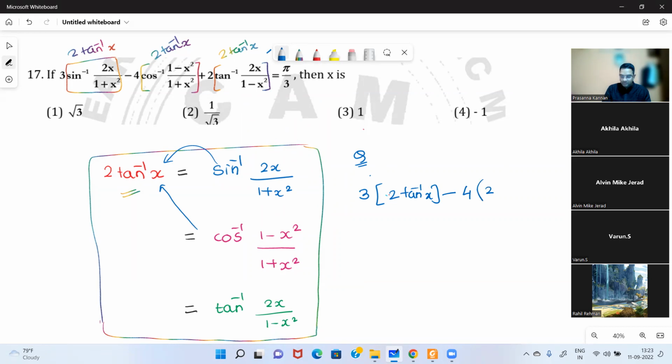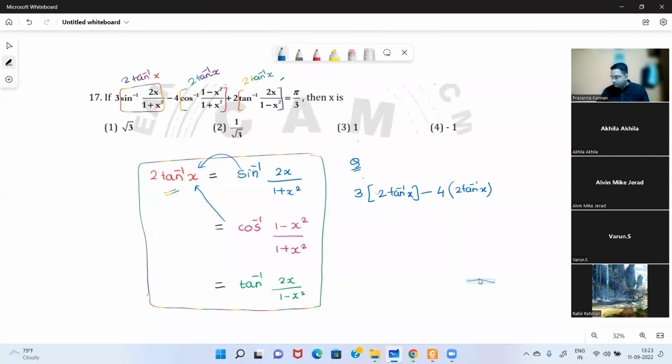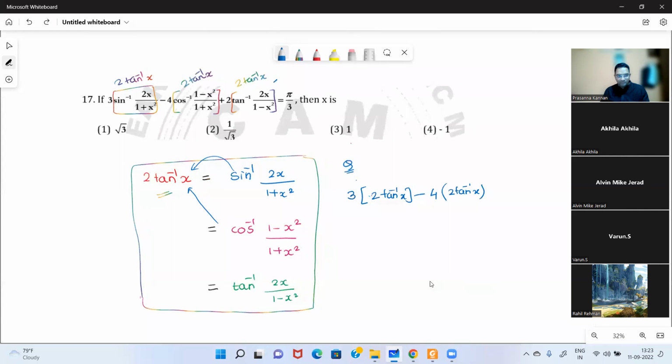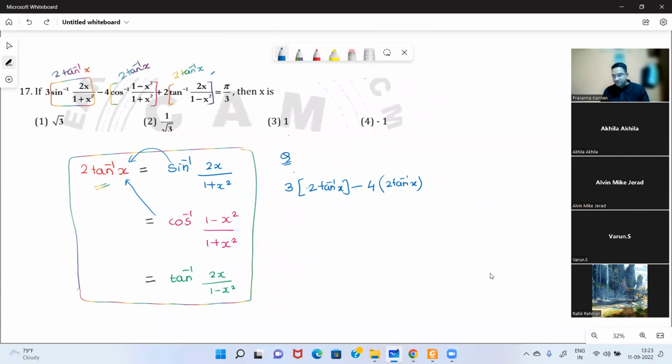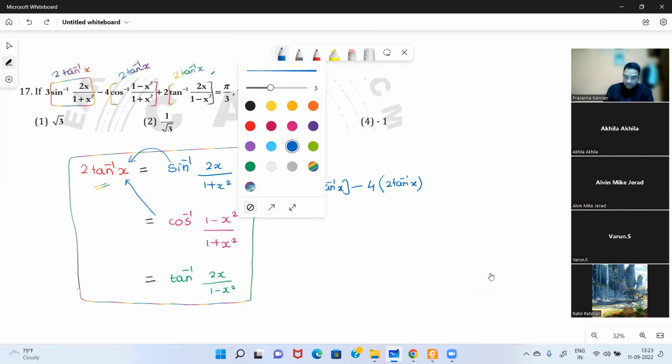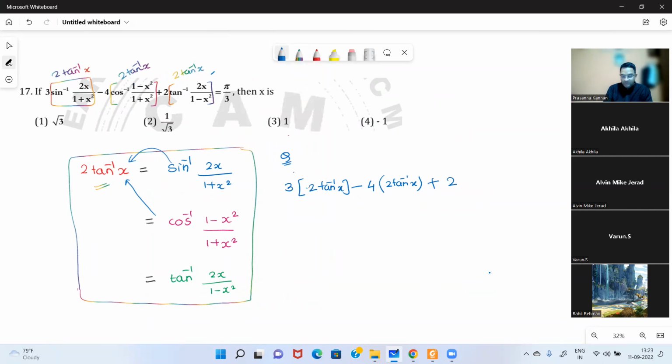And finally, we have plus 2 into tan inverse of 2x by 1 minus x square. What is that equal to? 2 into 2 tan inverse x. So this whole thing is equal to pi by 3. Therefore, 3 into 2 tan inverse x, which is what? 6 tan inverse x. 4 into 2, 8 tan inverse x.